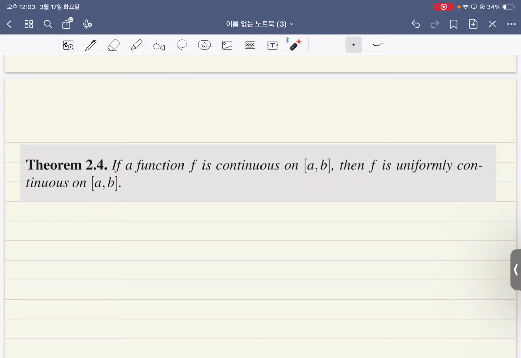I will prove this. The proof is slightly complicated, but I'll try my best, so follow one by one. Proof by contradiction. Suppose not. f is not uniformly continuous.